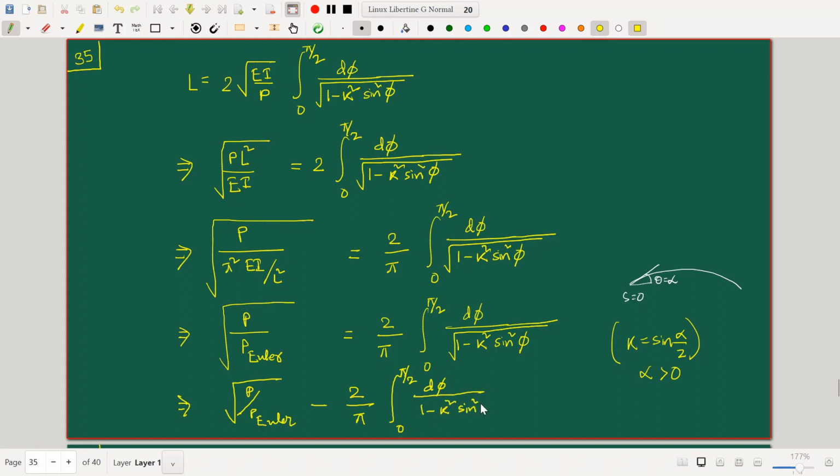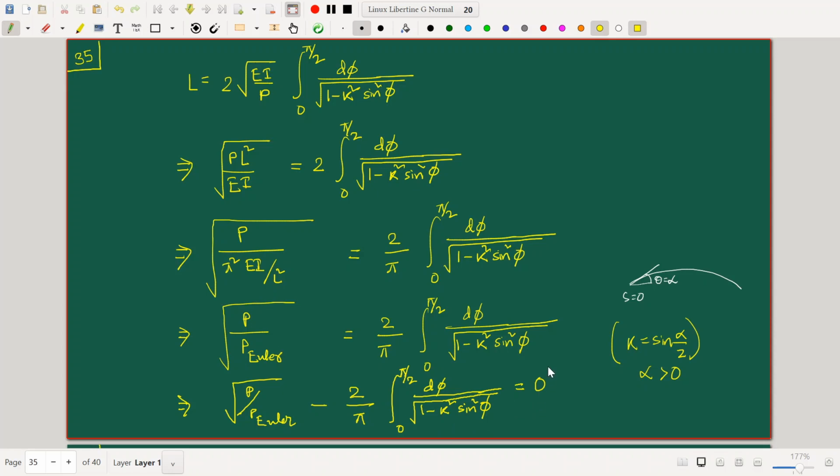Just this small change, but what I'm going to say is that this entire left hand side is some function of k. Now my job basically reduces to finding a value of k such that that function value is equal to 0.